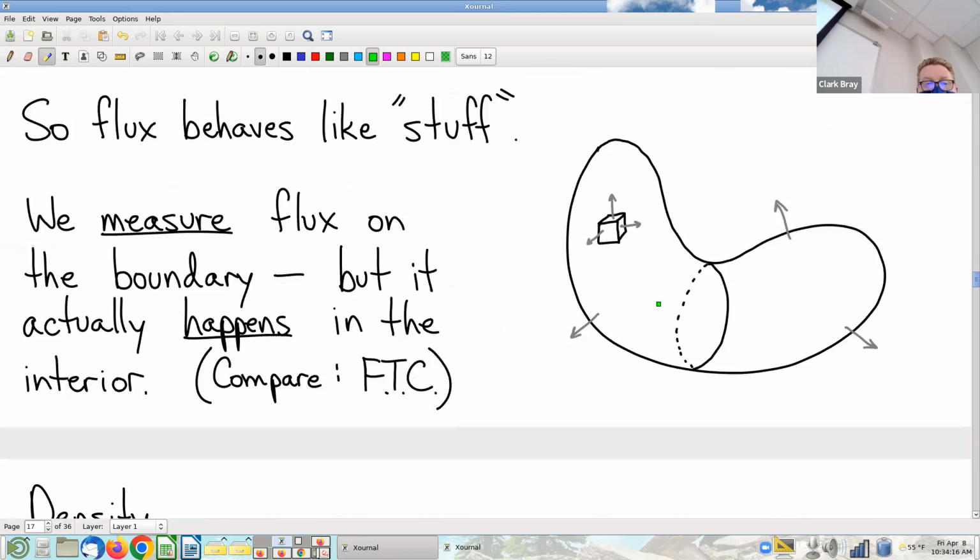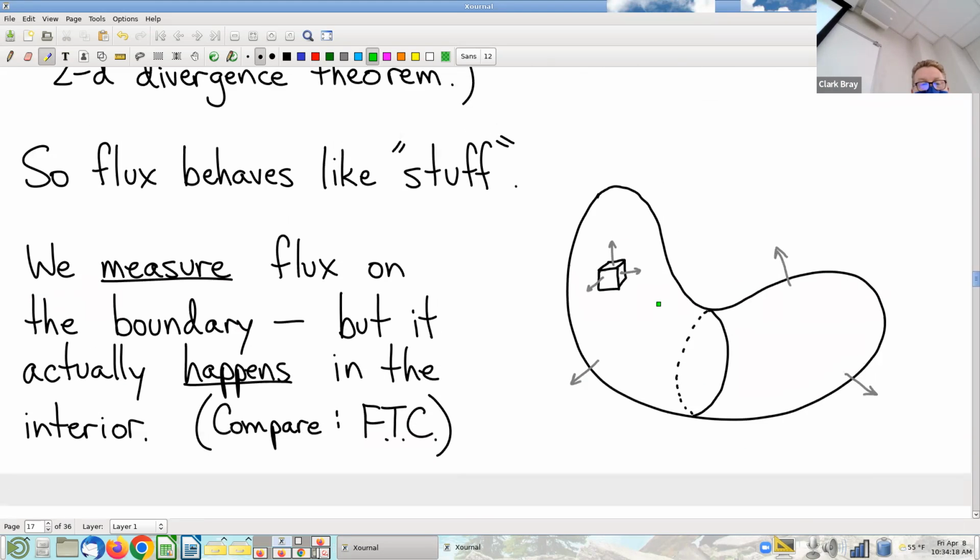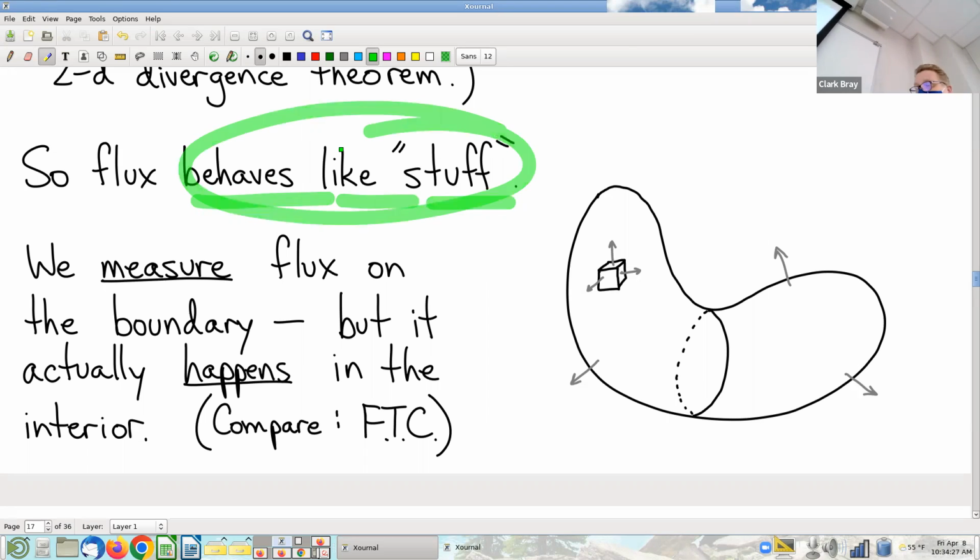Okay, so the fact that this quantity, boundary flux, accumulates means, again, that it behaves like a stuff. It behaves like mass, kind of. Why is it that if I take a solid and cut it in half and break it into two solids, the original mass of the whole equals the mass of the two parts? Well, because it's stuff.